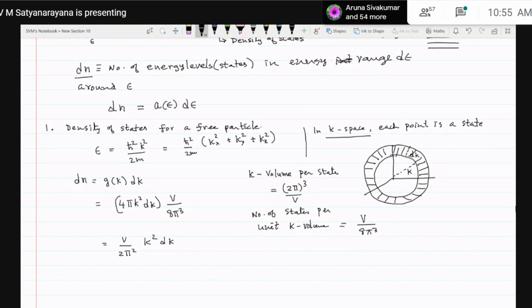So k square is twice m by h bar square into epsilon, and k is the square root of twice m by h bar square into root epsilon.